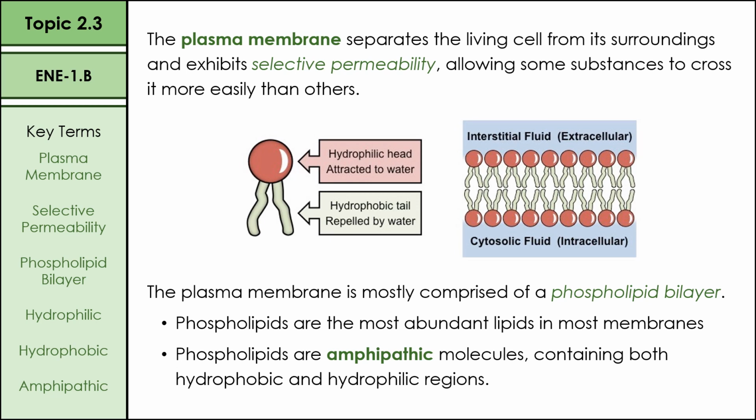So they orient themselves in a way that protects those hydrophobic tails. This structure allows for our cell membrane to regulate those materials that may be coming in and may need to go out. And that is what we're going to look at today.